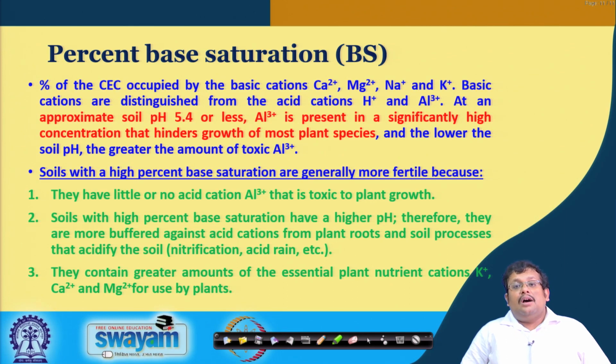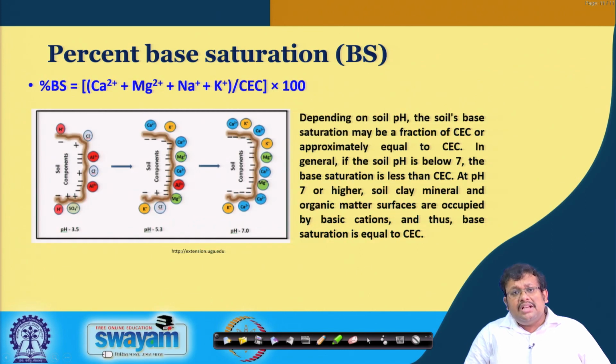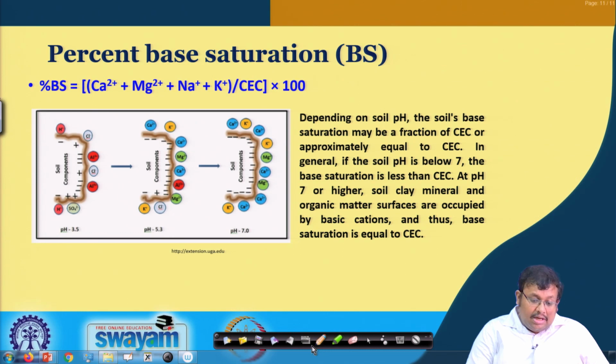Secondly, soils with high percent base saturation also have high pH, therefore they are more buffered against acidic cations, and also against different acid forming processes like nitrification, acid rain, etc. And thirdly, they contain greater amounts of essential plant nutrient cations like potassium, calcium, magnesium for the use of the plants. Now, let us see how to calculate the percent base saturation.